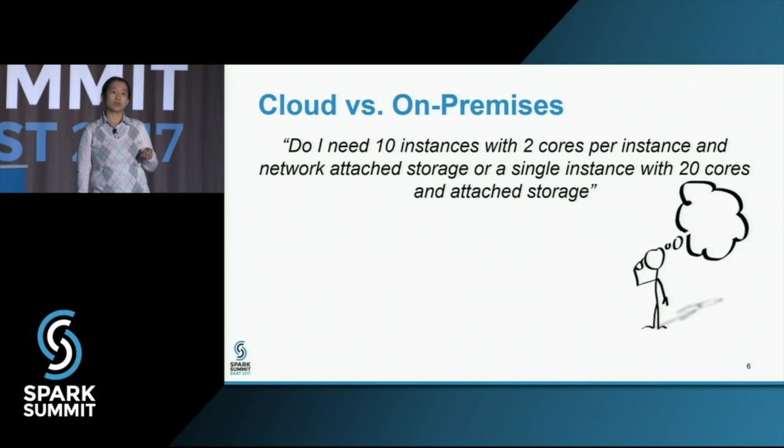The first and most complicated question people ask is, now I have these cloud deployment choices, should I have one instance with 20 cores and network attached storage, or should I go with 10 instances with 2 cores each and locally attached storage? By the end of the day, I would think this is the same computation power. Are they the same? If not, which one is better?